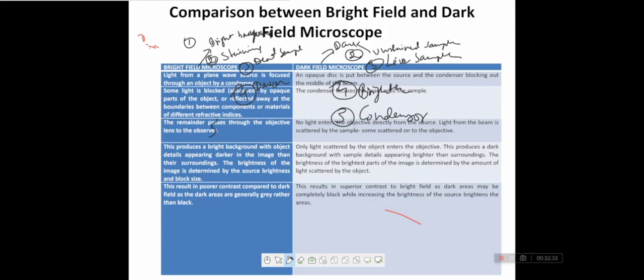In bright field, staining techniques are used to make a dark object. Okay, these five are the main and simple differences between bright field microscopy and dark field microscopy. Okay, clear?